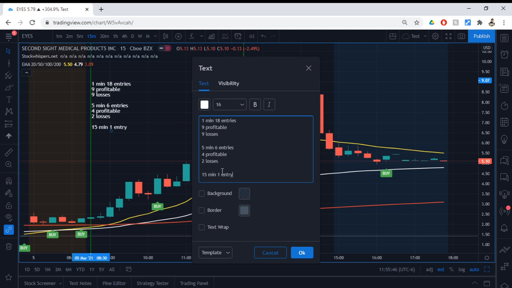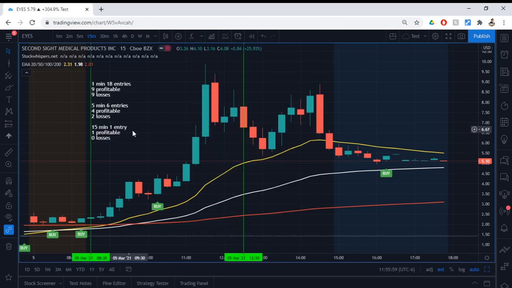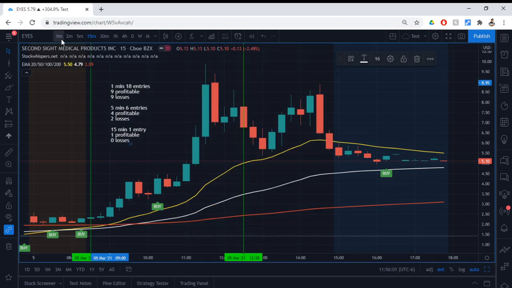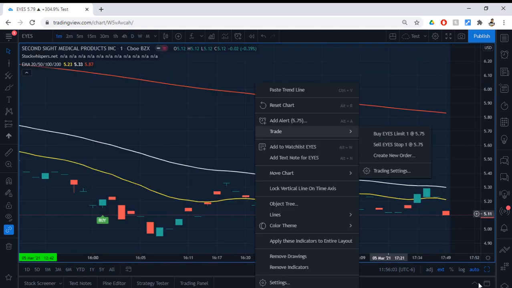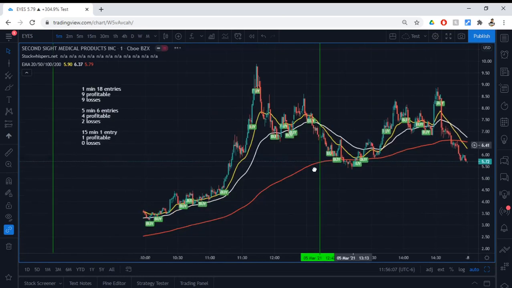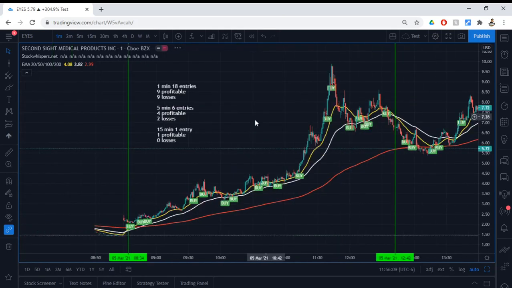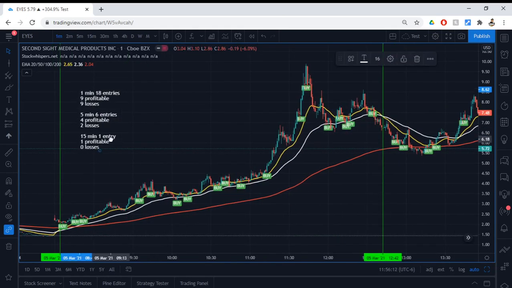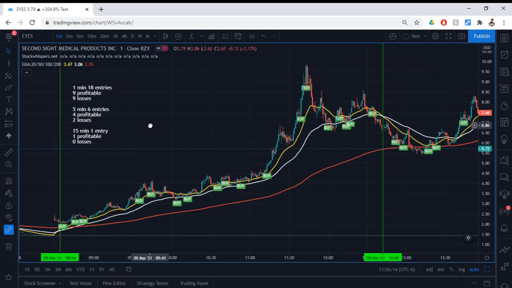One entry. So this is what we have for this case. Right? So does it matter what time frame we trade on?